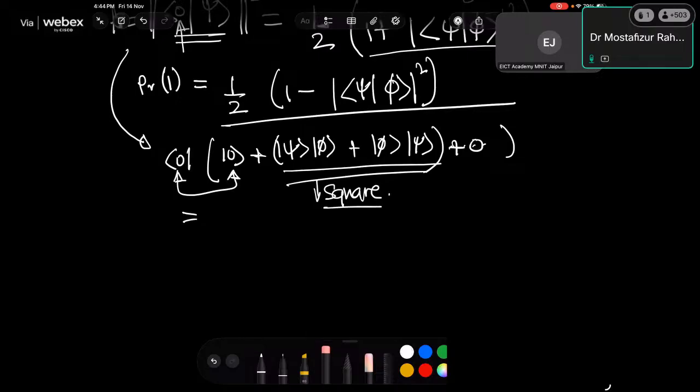The first term, I shouldn't write it this way, because it's a complex quantity, we need the star of this.